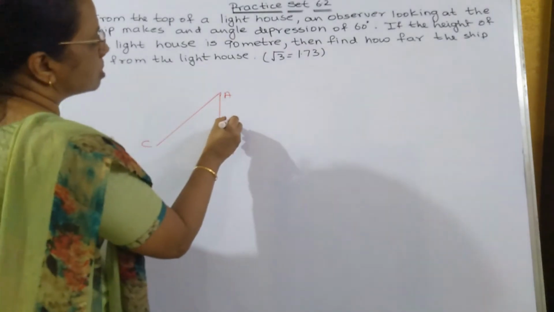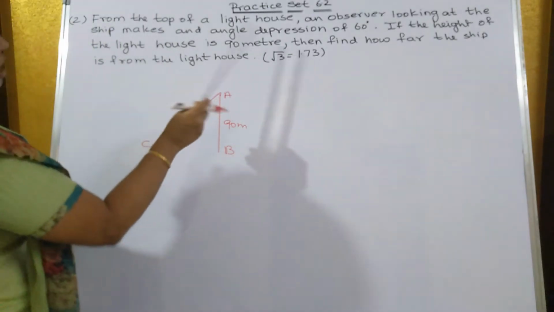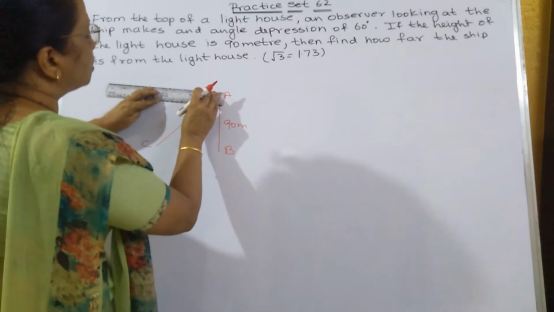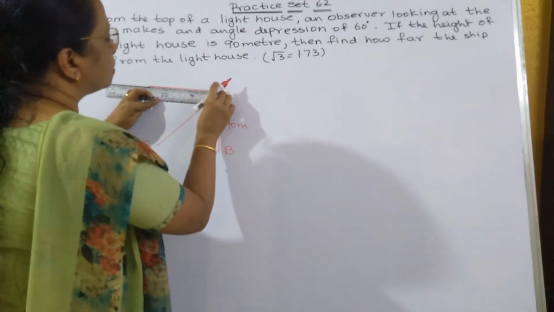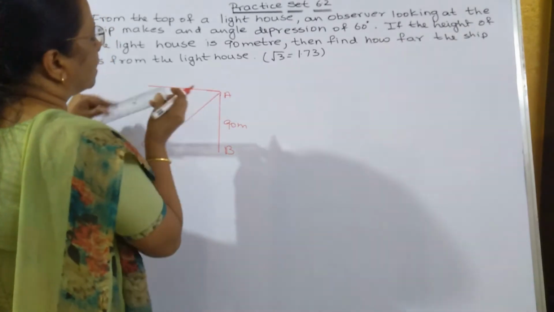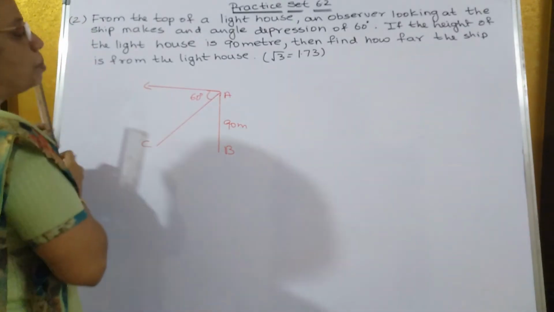So looking at the ship makes an angle of depression. If this is a horizontal line, then this will be the angle of depression, 60 degrees. So where is the person standing?